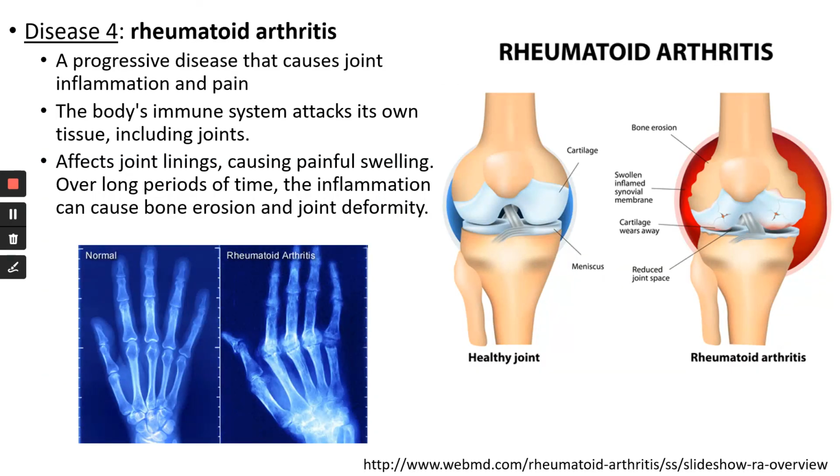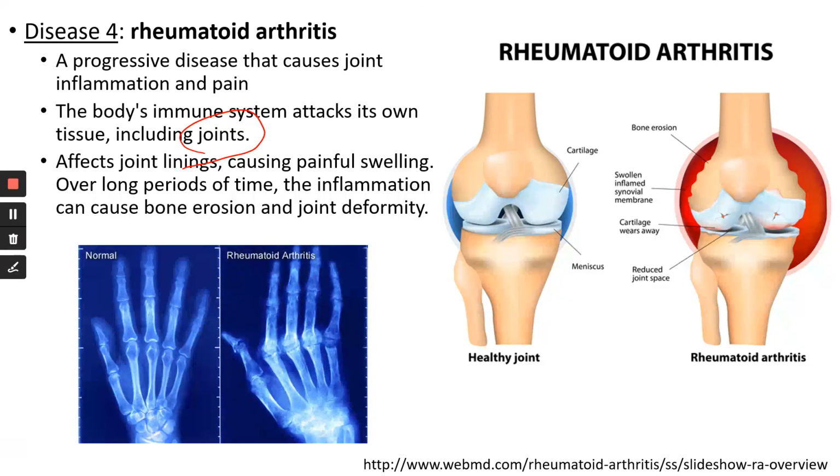The last one is rheumatoid arthritis. So this is also a type of arthritis, but this is caused by your own body's immune system attacking its own tissue. So it's autoimmune disease. So the immune system is going to attack tissues, including the joints. Now, it doesn't happen just to the cartilage like the previous disease, osteoarthritis.